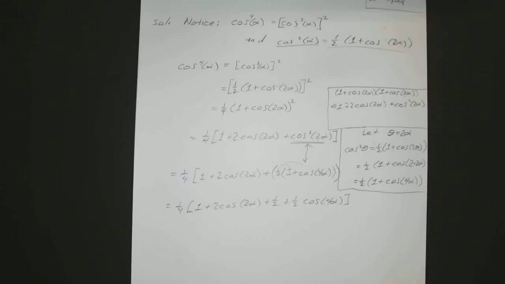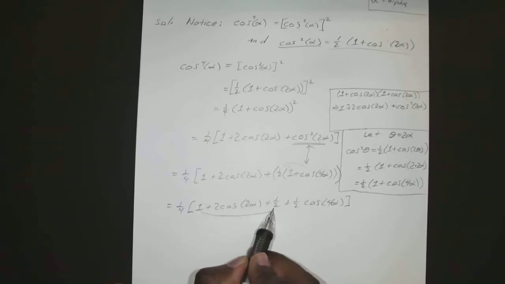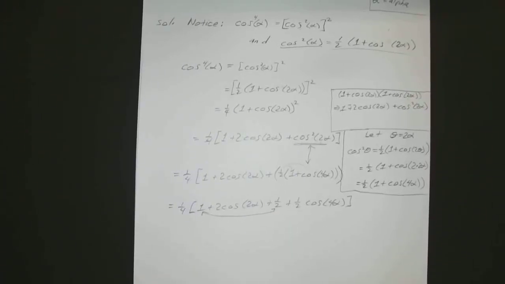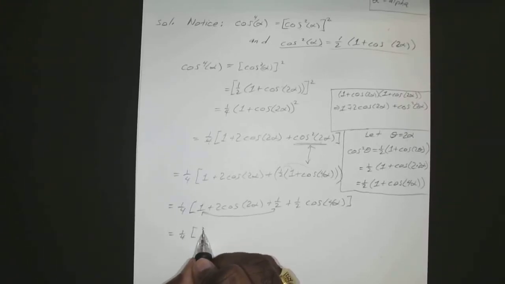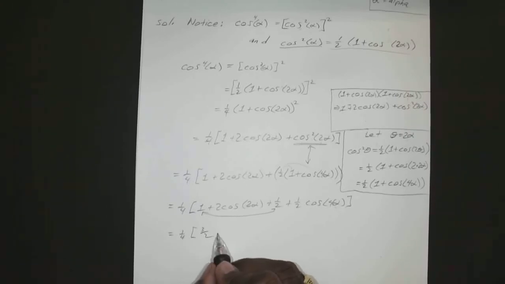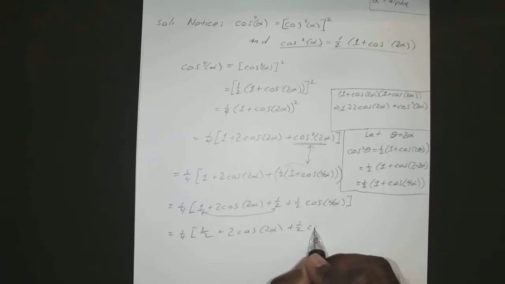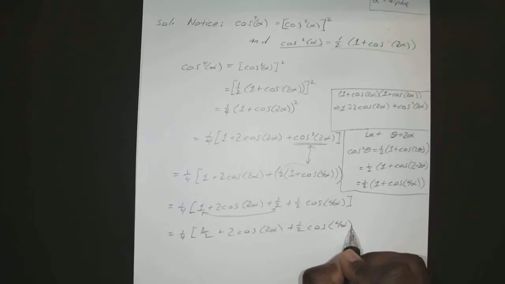Okay, so now we can start simplifying things a little bit. If we have our 1/2 and our 1, that's 3/2. 2 cosine 2 alpha, you can't really combine that with anything. You can combine them if they were the same, but by them being different, you can't combine those two. So 3/2 plus 2 cosine 2 alpha plus 1/2 cosine of 4 alpha.